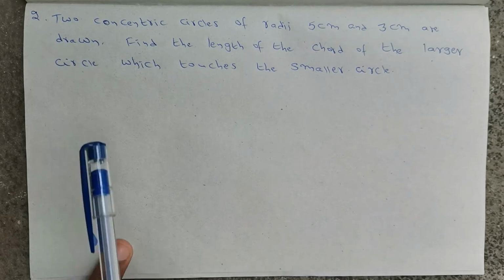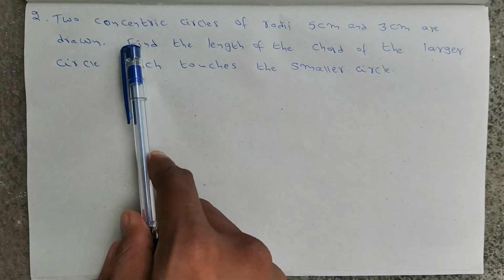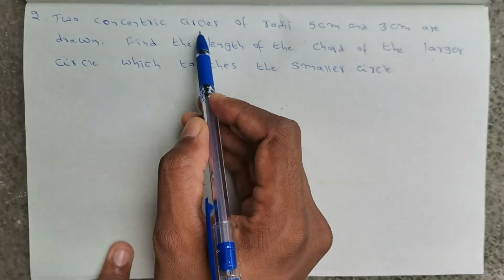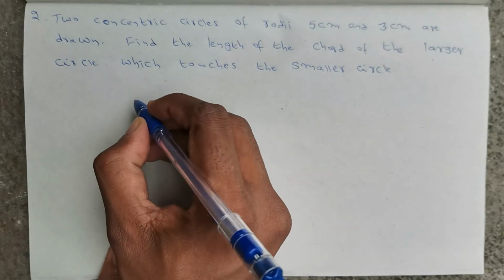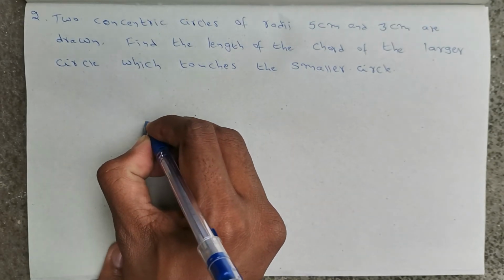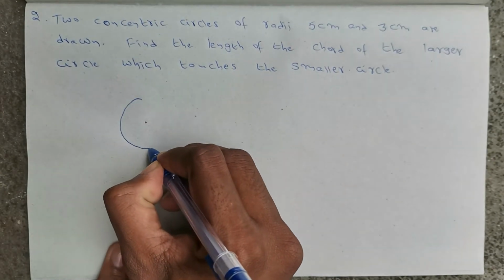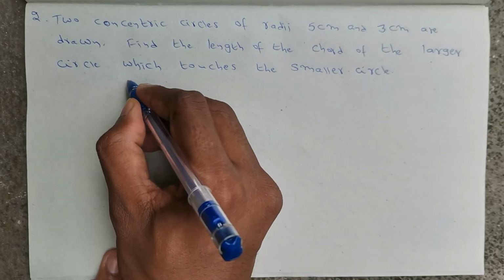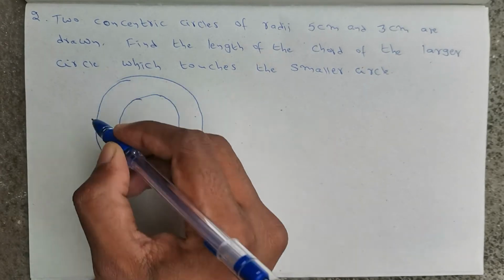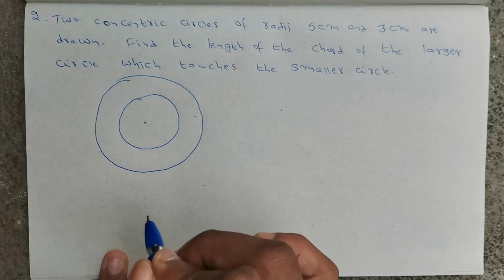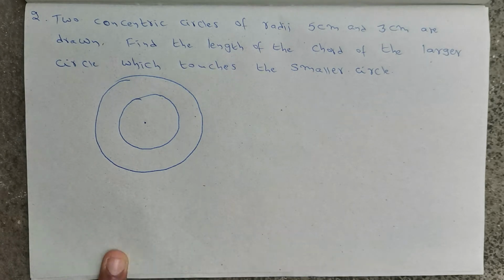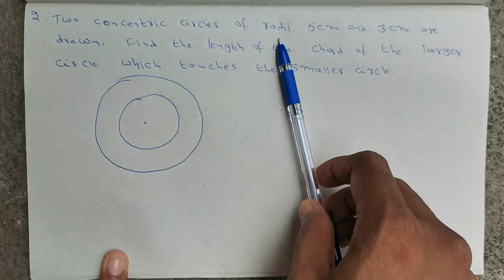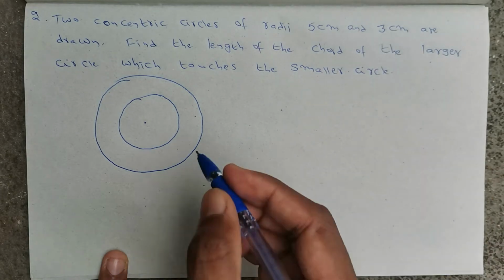Next, question number 2. Two concentric circles. It means two circles with the same center. If this is the center, one circle as well as a second circle also. Two circles having the same center are called concentric circles. So two concentric circles of radii 5 cm and 3 cm.